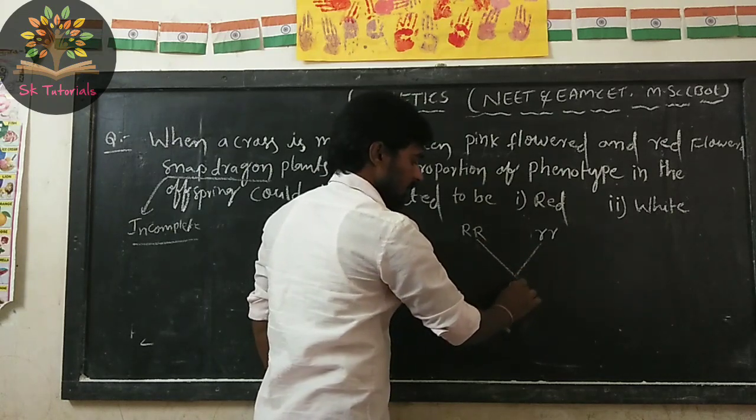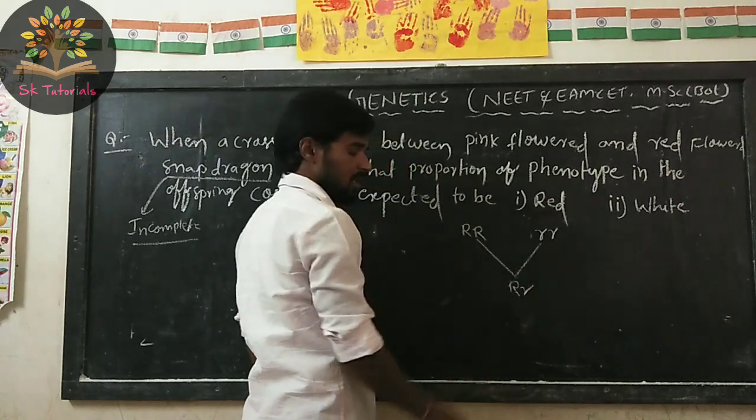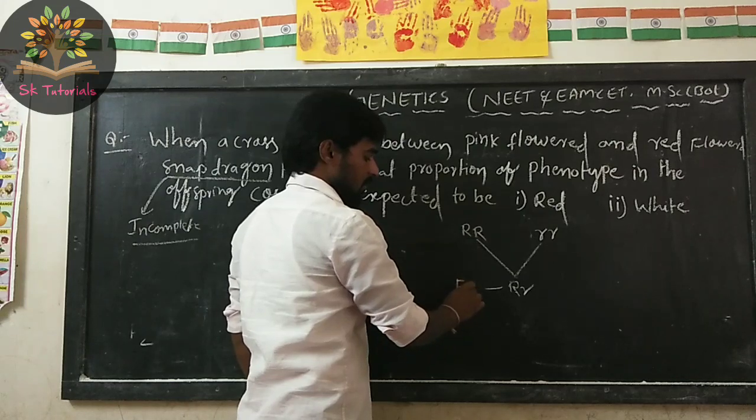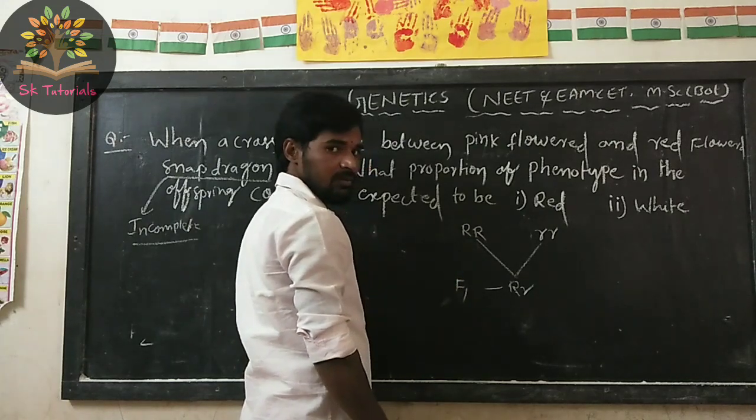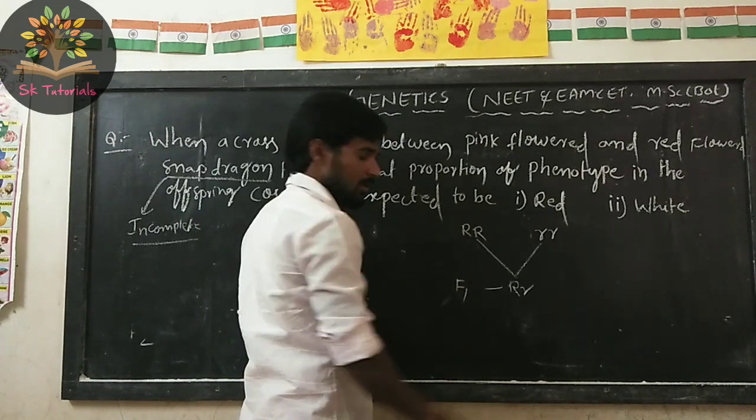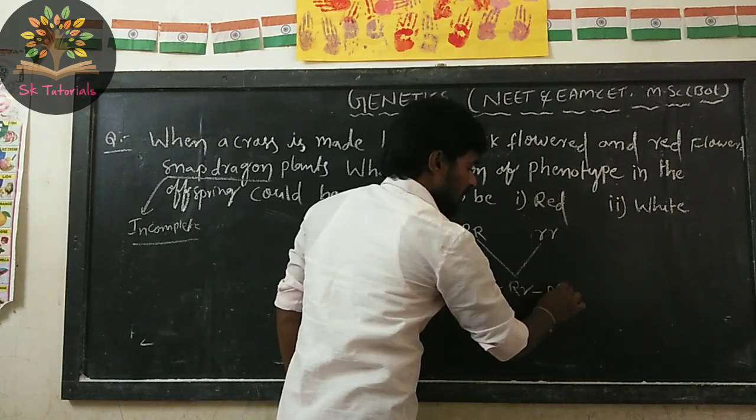Crossing. In the F1 generation, what will be produced? Pink flowers will be produced.